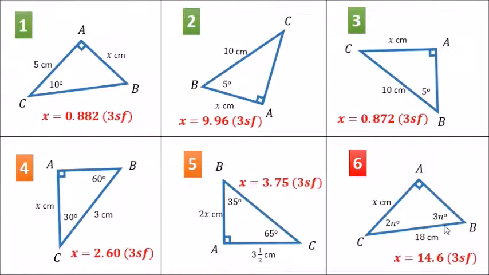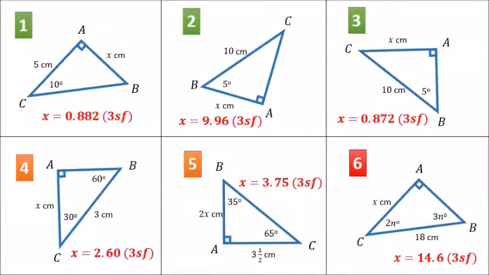Question 6, we have to figure out the value of n first. Now because there are 180 degrees in a triangle and the angle at A is 90 degrees, that means 2n plus 3n is equal to 90. So that means 5n is equal to 90, so n is equal to 18.